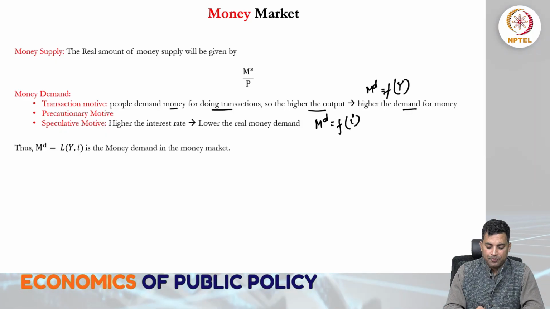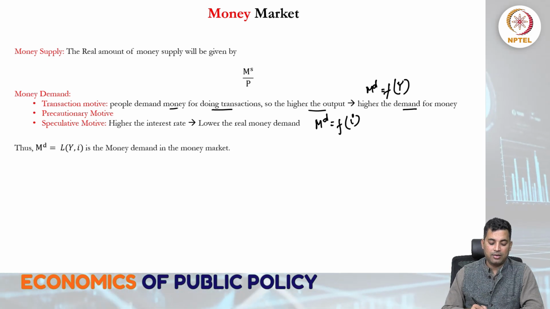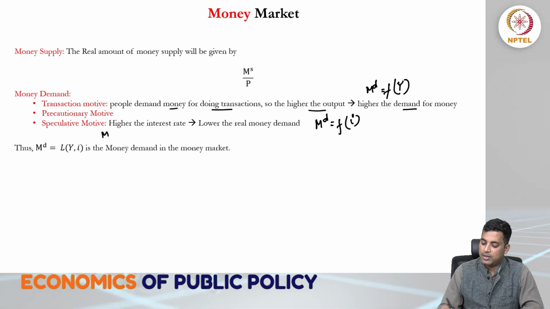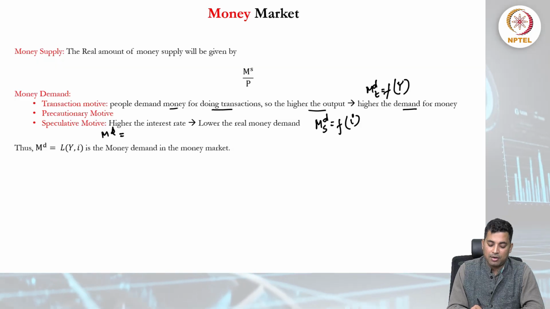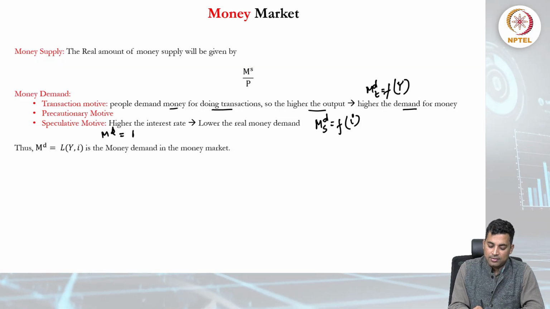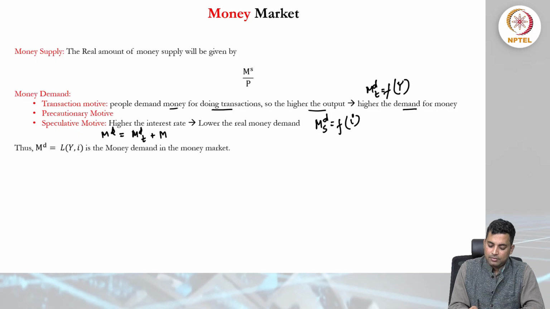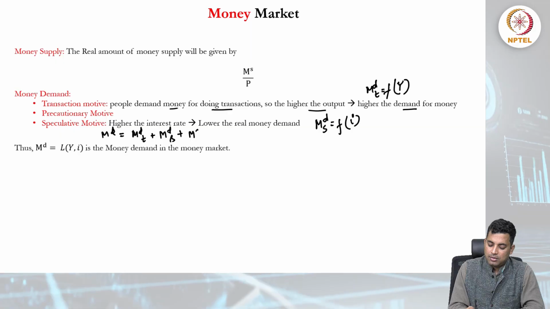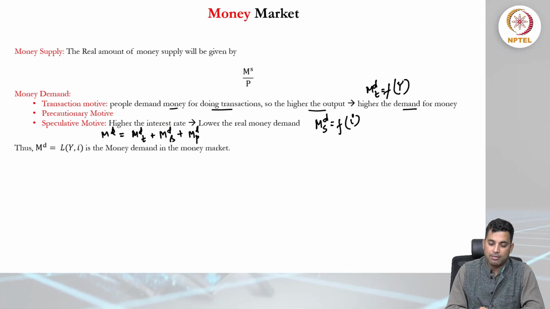So if we combine all demand for money, we can say here it's speculative and this is for transaction. So overall demand for money is transaction demand for money plus speculative demand for money plus precautionary demand for money.